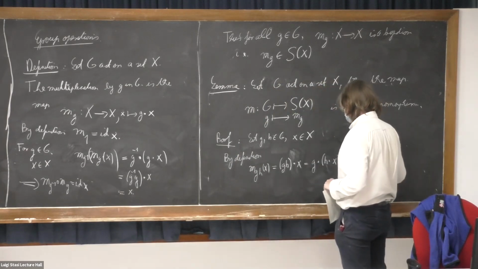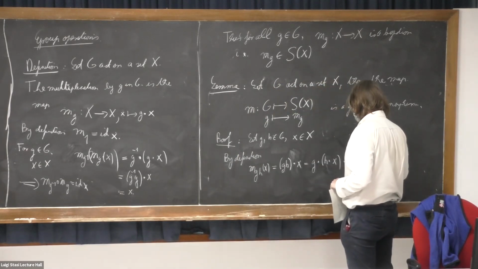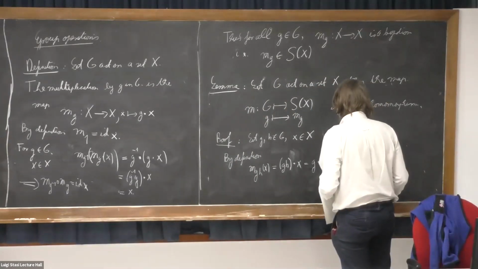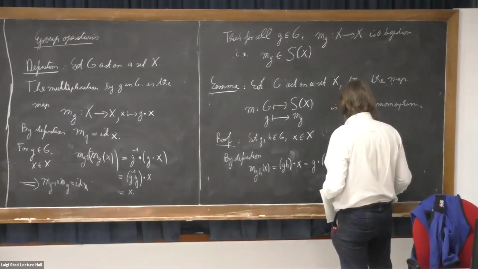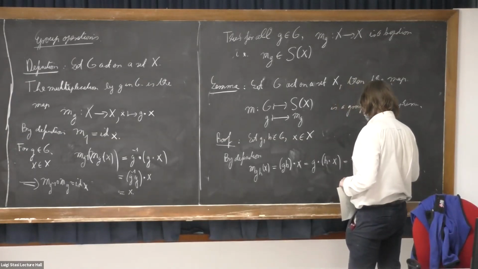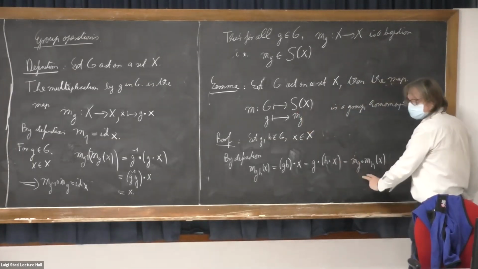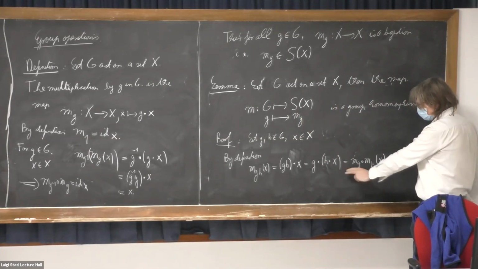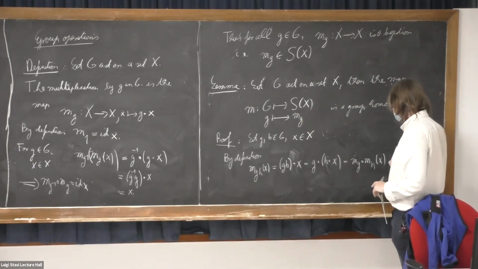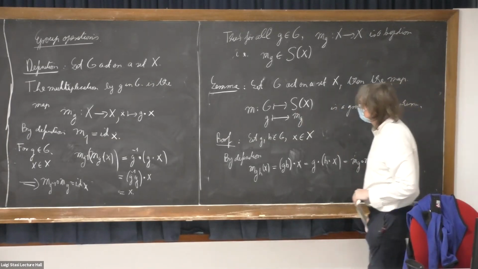This is m_g composed with m_h of x. And you know that the multiplication in the symmetric group is the composition of permutations. And so this shows this is a group homomorphism.